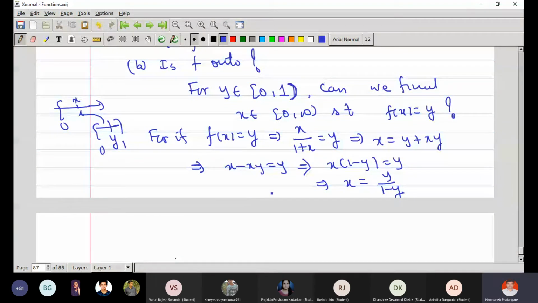It is possible to get the pre-image only if y is not equal to 1, so the denominator will not vanish. Therefore 1 should not be included, correct?